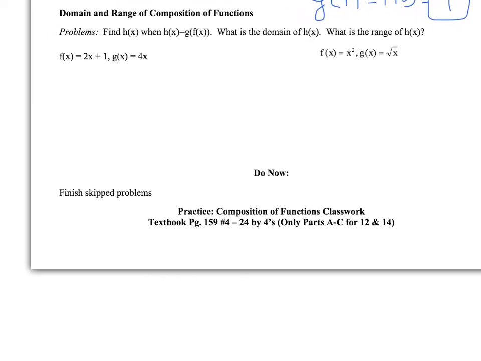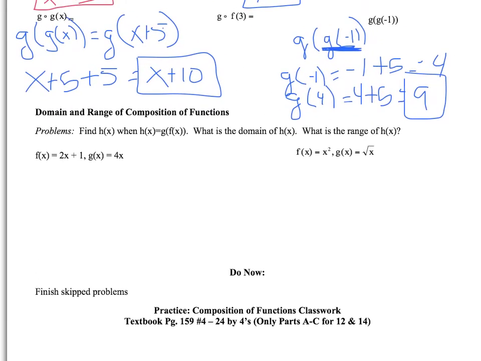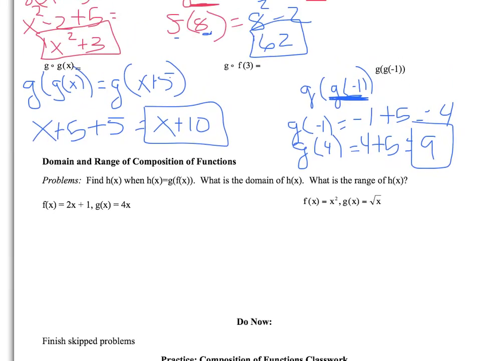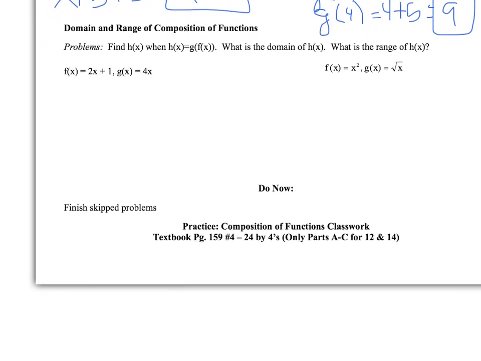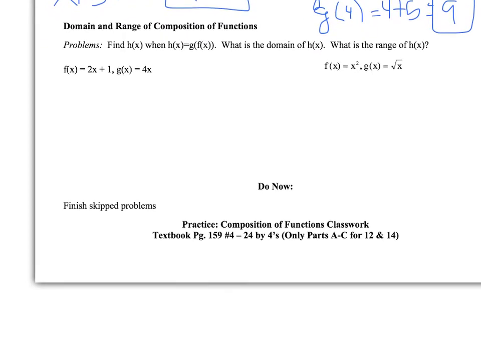So for the do now, when we finish this video, is to finish the one problem at the bottom and the two problems in the middle of this page. So it says find h of x if you know h of x is equal to g of f of x. Then we need a domain and the range of that function. So the first one we have here is f of x is 2x plus 1, g of x is equal to 4x.